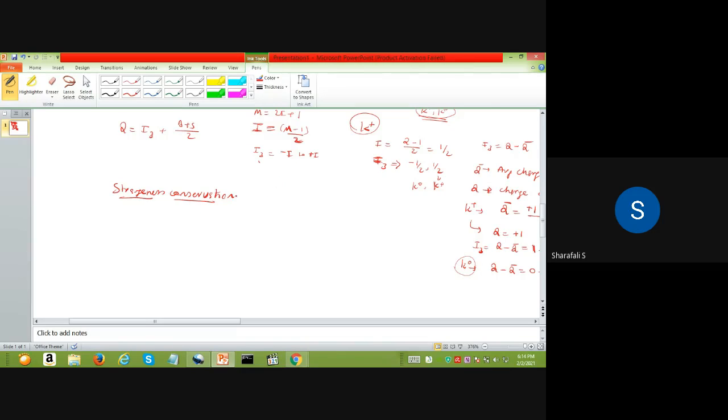That means for any interaction or reaction, if delta S is equal to 0, then it is conserved: the strangeness before the reaction and after the reaction should be the same. So let's consider, for example, pi minus plus. Otherwise, we will first consider the classes.